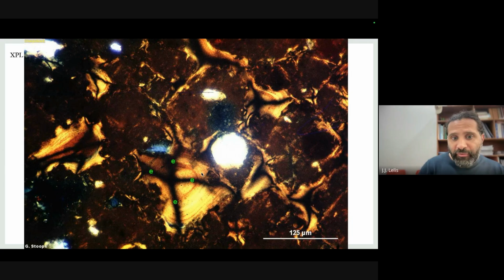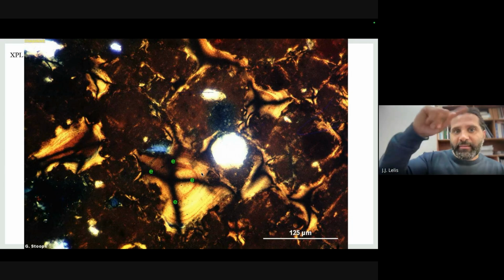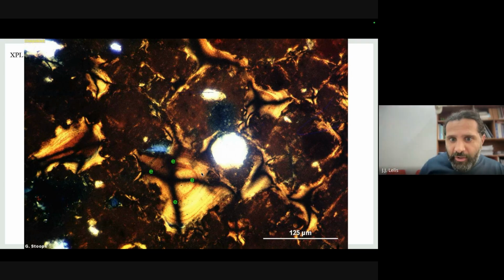Okay, we don't have a variation between wet and dry or wetter and drier conditions. No, these extinction lines are showing you that this specific soil that you are studying was formed under wet conditions that lasted for a long time.